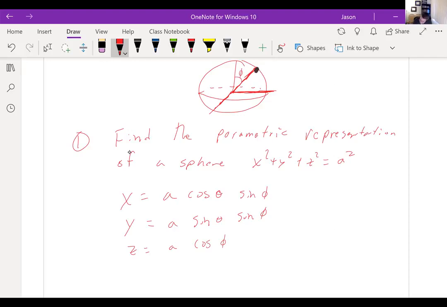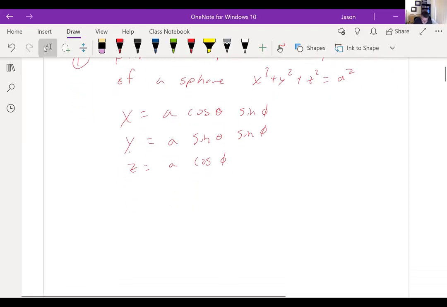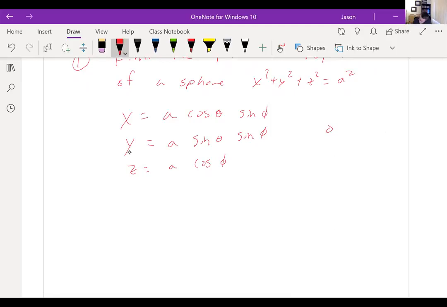Remember, this is phi. This thing is theta. Okay, and we know that phi goes from 0 to pi, and theta goes from 0 to 2 pi.